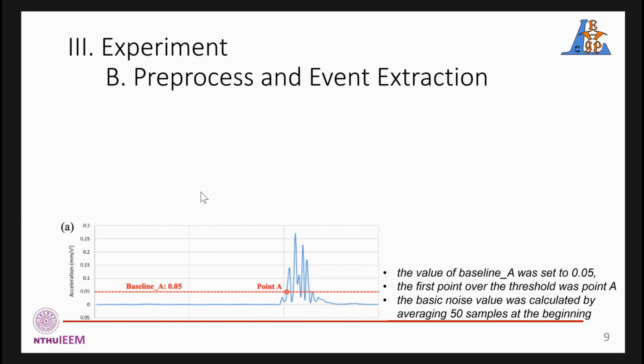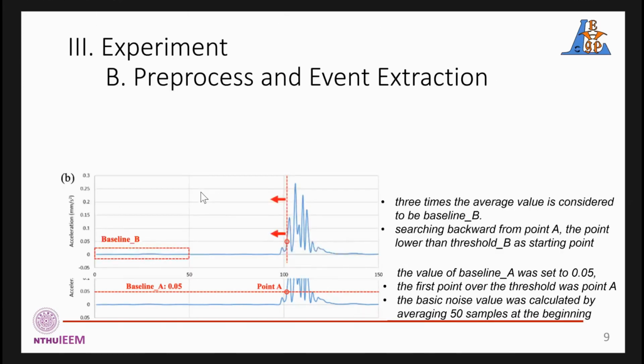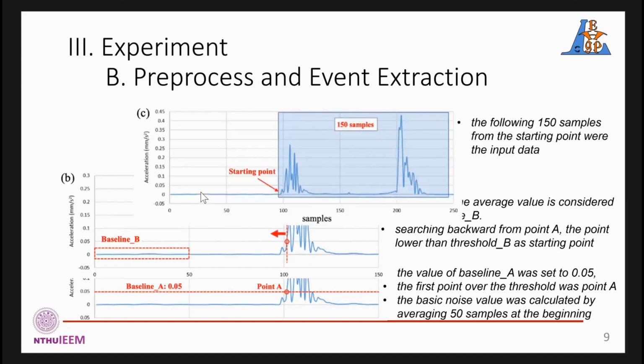Later we calculate the baseline noise from the first 15 samples as the baseline point B. Then from the 0.8 point, we go back to find the first initial point, which we consider the starting point of the footstep vibration. Then we select a window of around 115 samples, which is the general length for each participant.